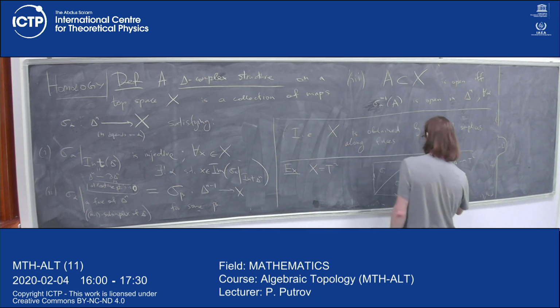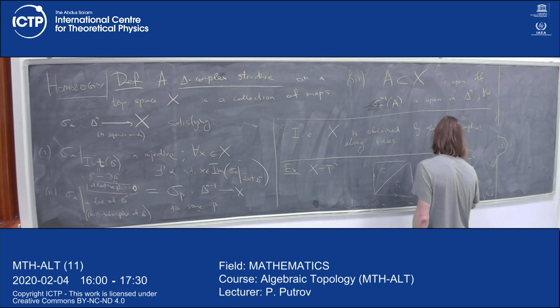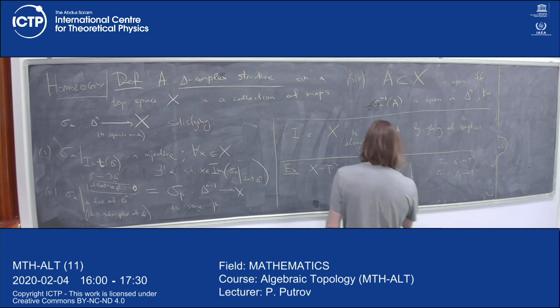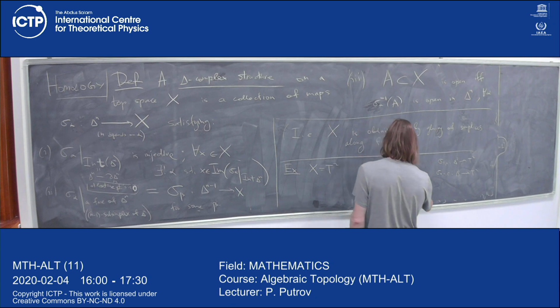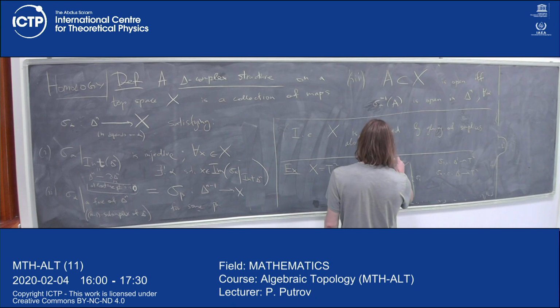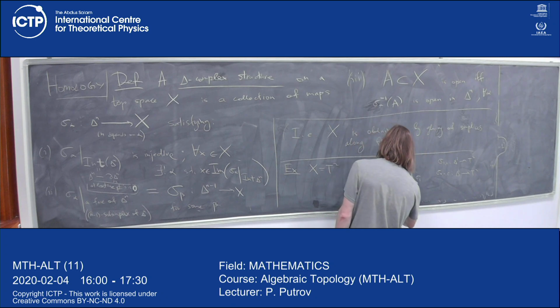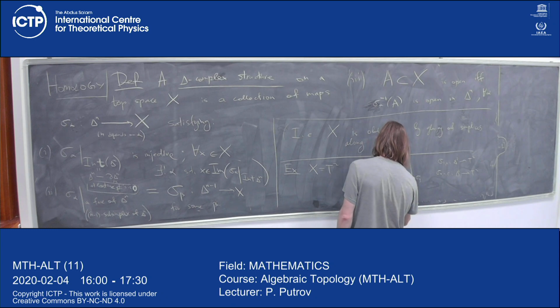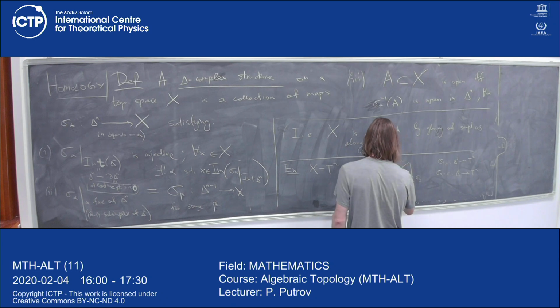And then let me take sigma 3, 4, and 5, the maps from delta 1 to T2. One-simplex is just an interval. Here this is sigma 3, this is sigma 4, and here let's say sigma 5.